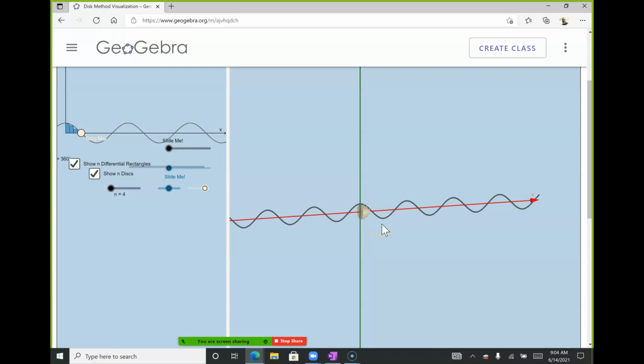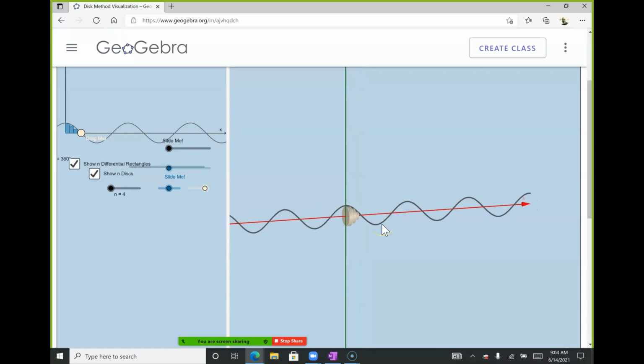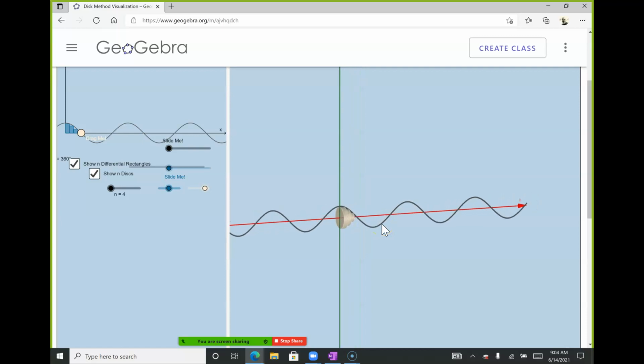I'm zooming in on this picture over here on the right, so you can see the whole cosine curve. You can see that rotation. And you can see that if I change the number of disks, you can see that volume getting nice and smooth, right?